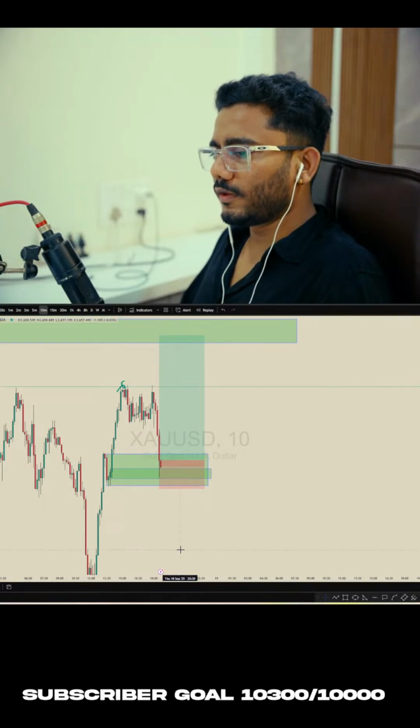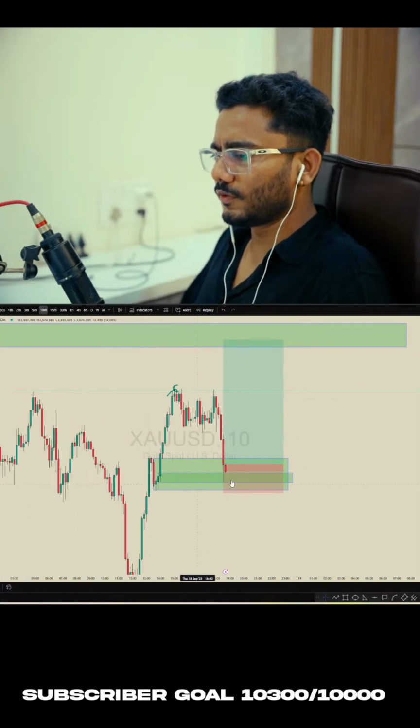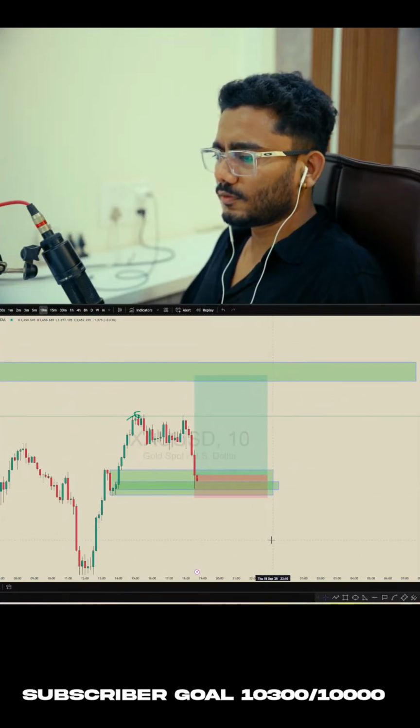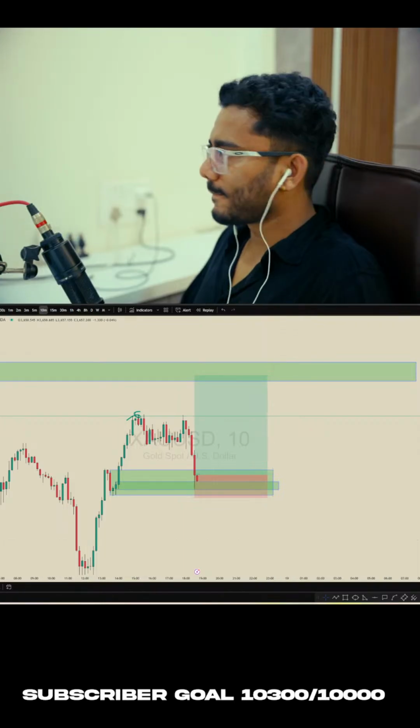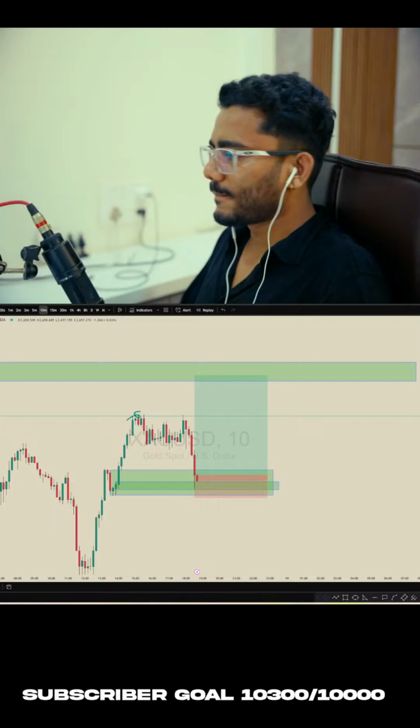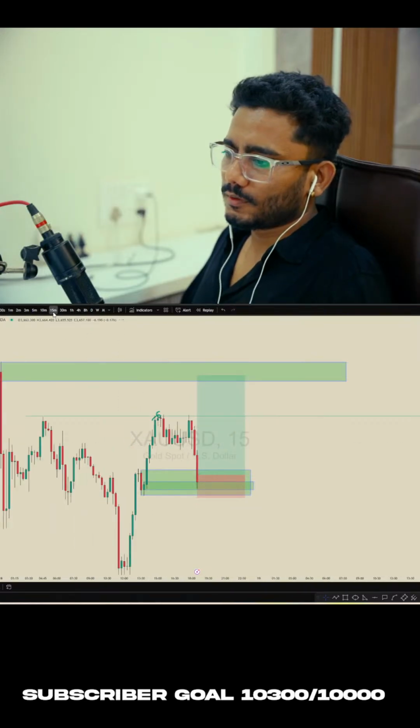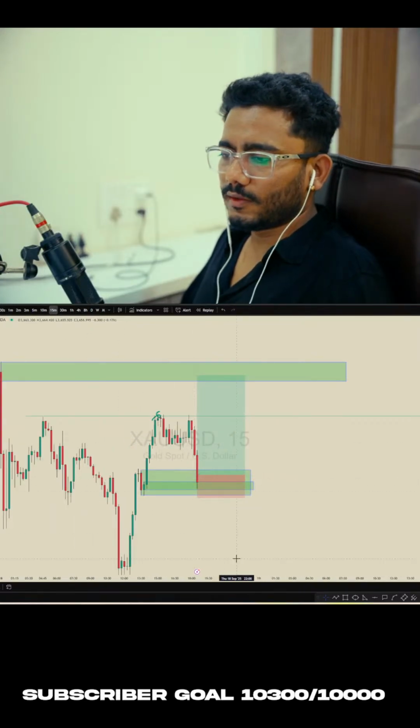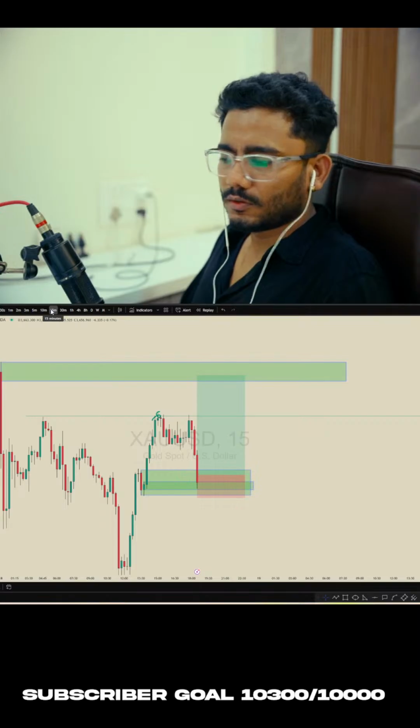There's an order block to the left side in this one. If you're looking for entry, then risk 0.5%.